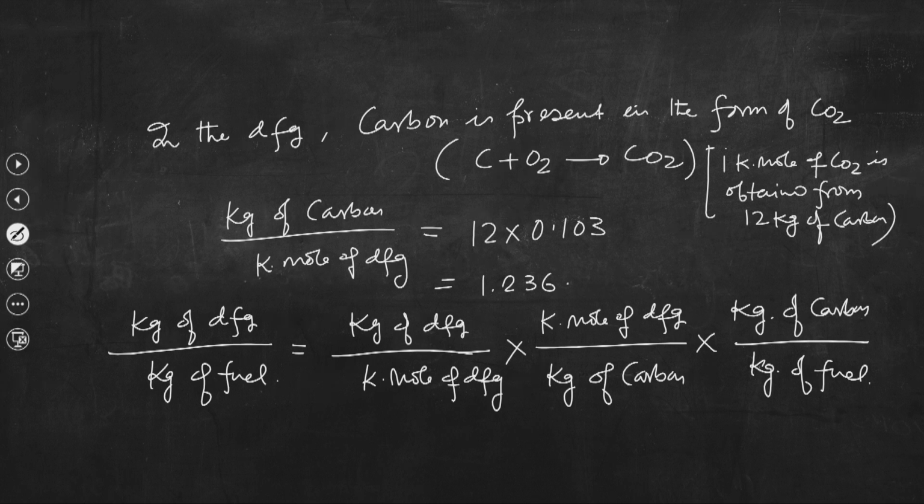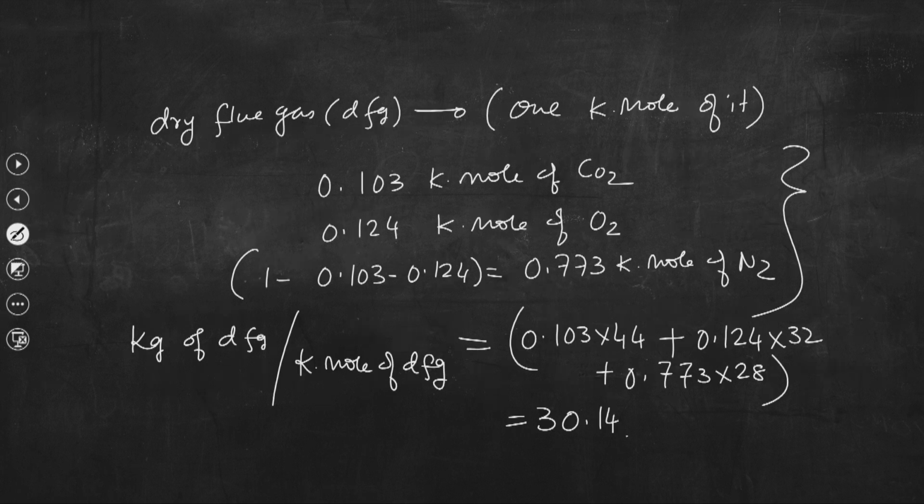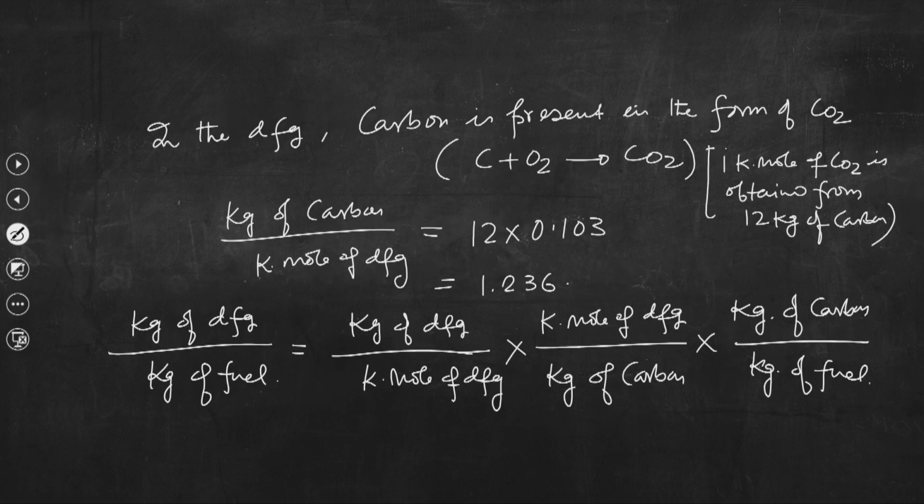Now, kg of DFG per kilomole of DFG, that already you have calculated, that is 30.14, right. So, in 1 kilomole of DFG we have 30.14 kg of DFG. So, this is 30.14 divided by, now kg of carbon by kg of fuel.